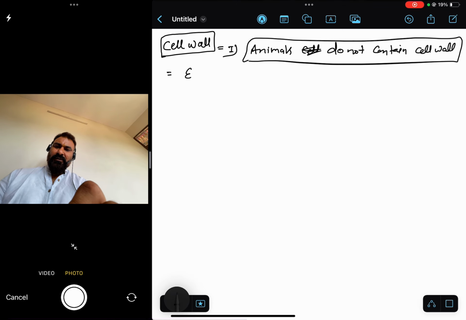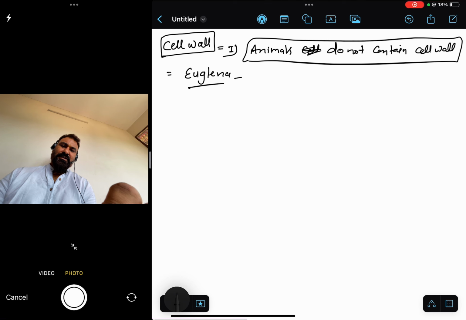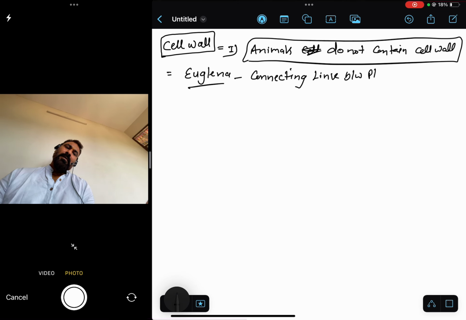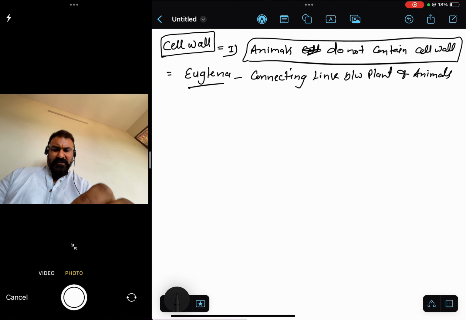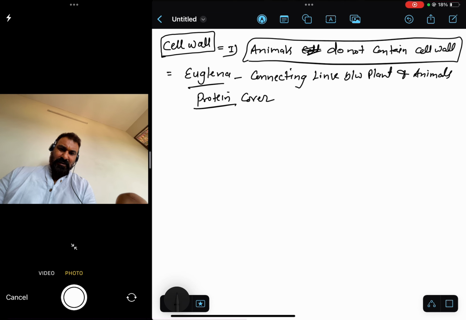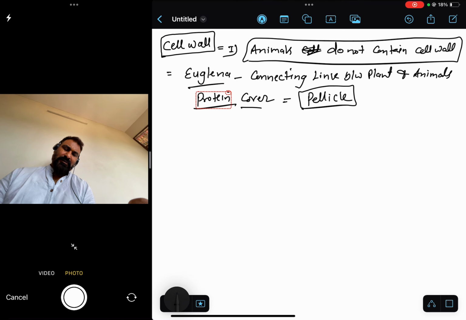However, there is one organism known as Euglena, which is known as the connecting link between plants and animals. It has a proteinous cover around its cell membrane, which is known as the pellicle. So it is made up of protein.